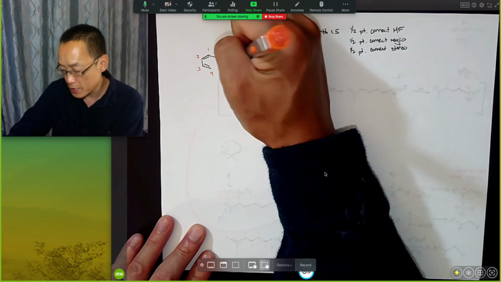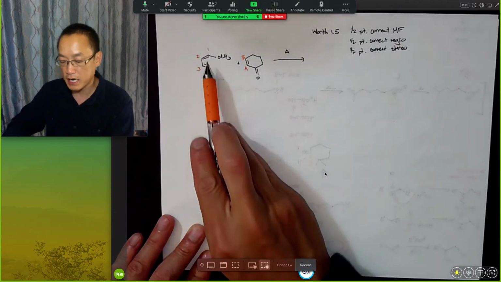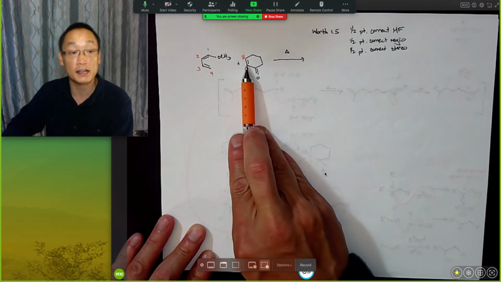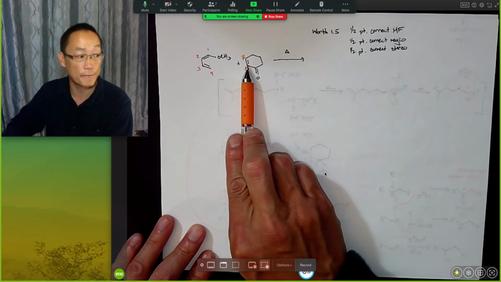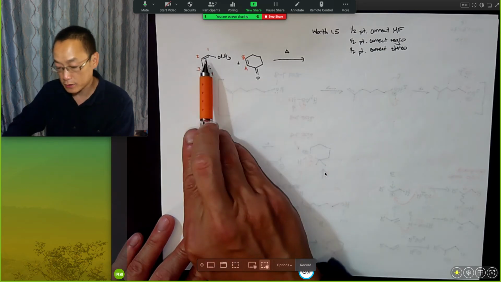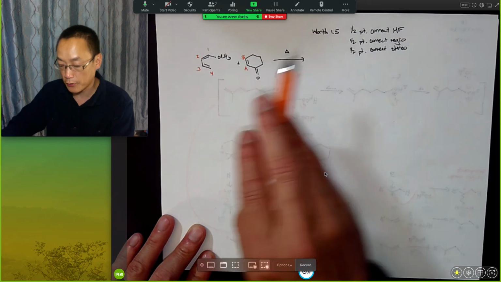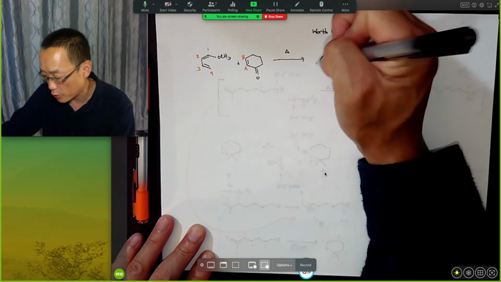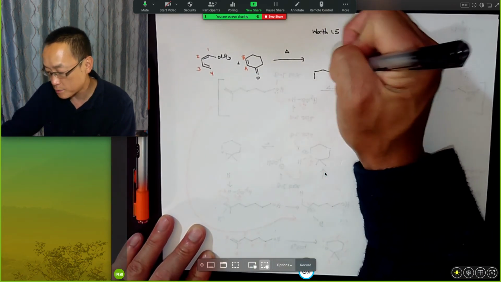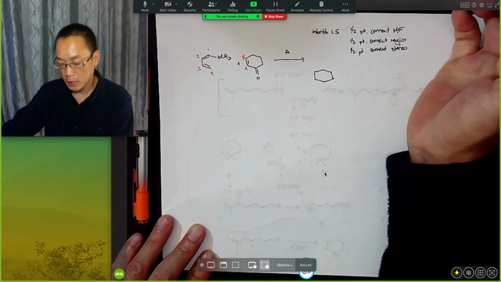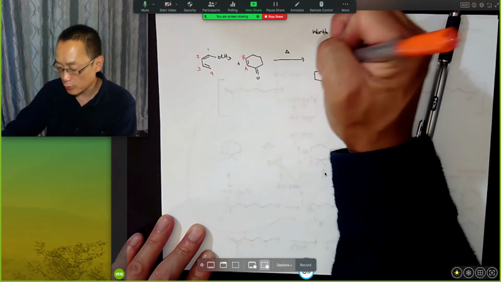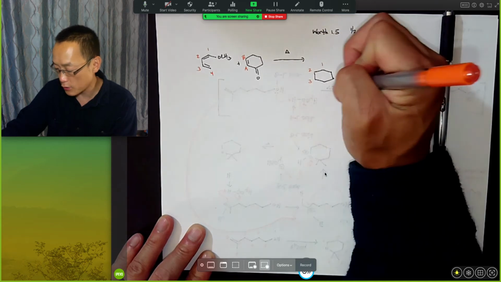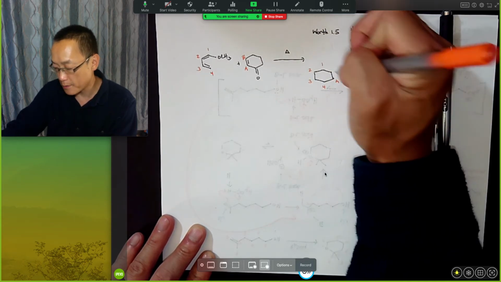A and B, I have acknowledged what the diene is and the thing that likes the dienophile. And those things reacting with one another, I know that I will form, no matter what, a 6-membered ring that should feature 1, 2, 3, 4, A and B.